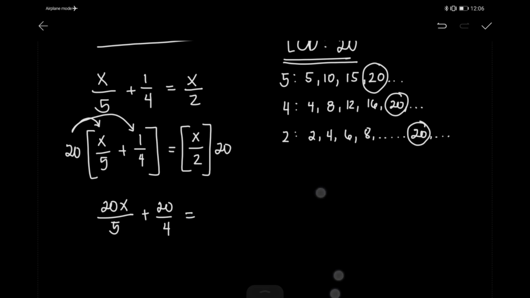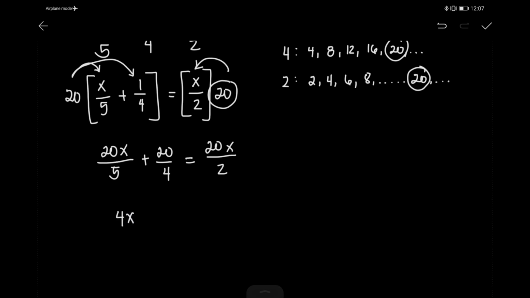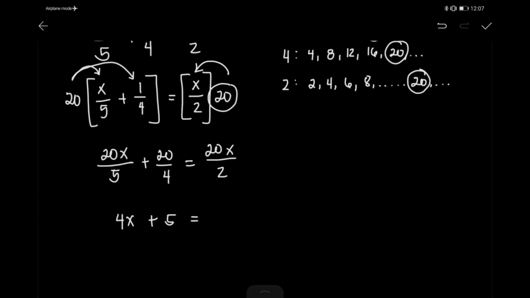And 20 times x over 2 is 20x over 2. So simplify: 20x divided by 5 is 4x, then 20 over 4 is equal to 5, and 20x over 2 is equal to 10x.